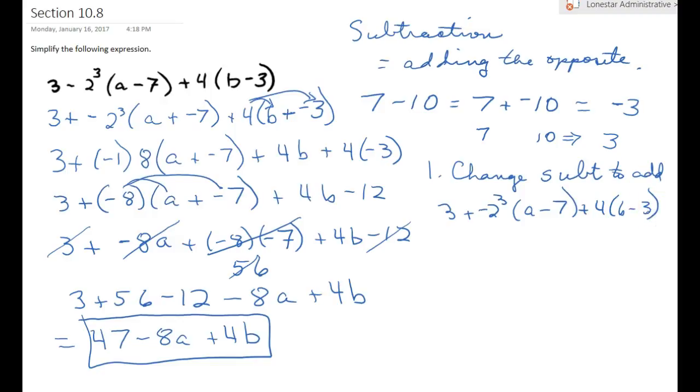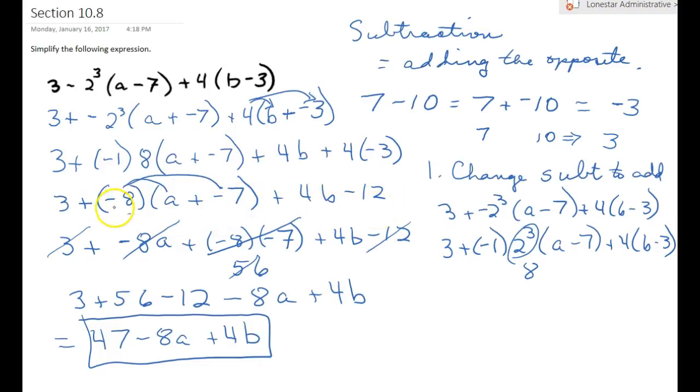Then I looked at my exponential one, and I changed the negative sign out in front of it to a negative 1. And then I figured out that 2 cubed is 8 right here. And negative 1 times 8 is negative 8. So I have 3 plus negative 8 times a minus 7 plus 4b minus 12.